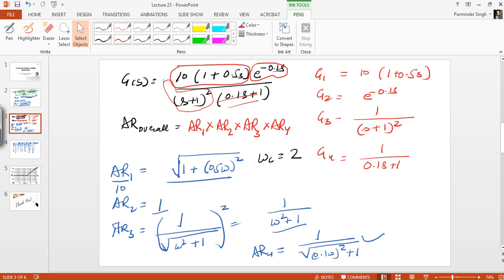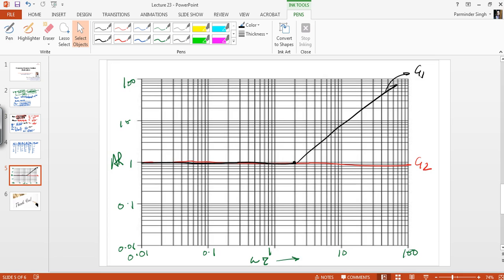Third system, it's a first order system with the slope of -2. So for different values of omega, it is this. Also, the corner frequency in this is 1 by tau. Tau is 1, so corner frequency is 1. That means it will turn at 1. So now I'll plot it by the green line.